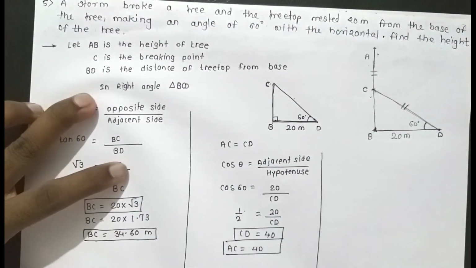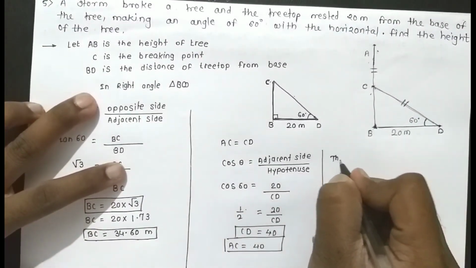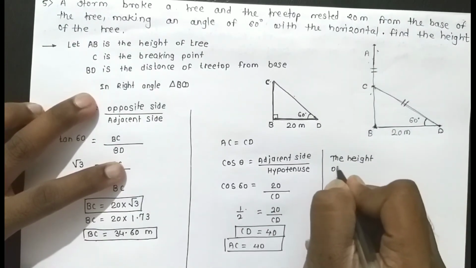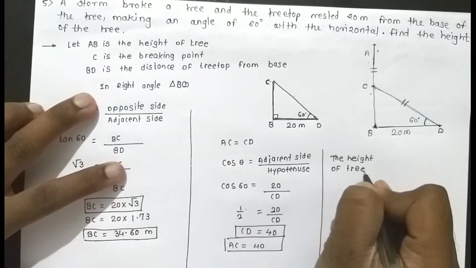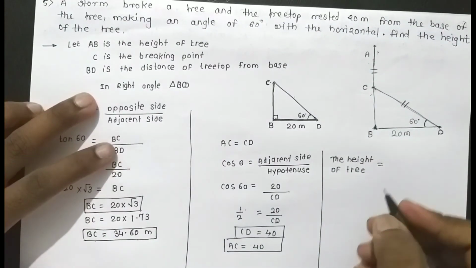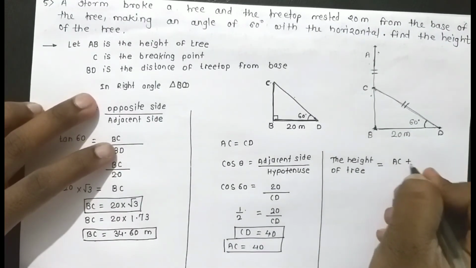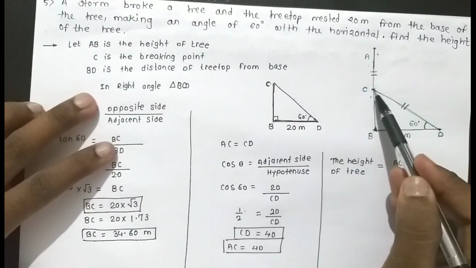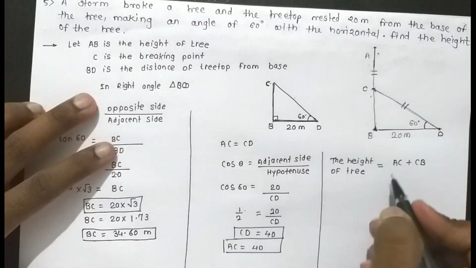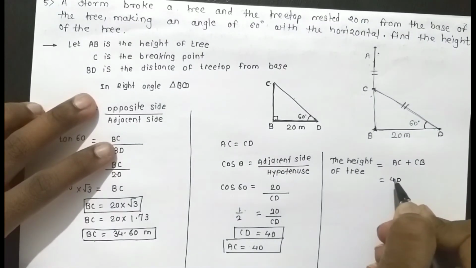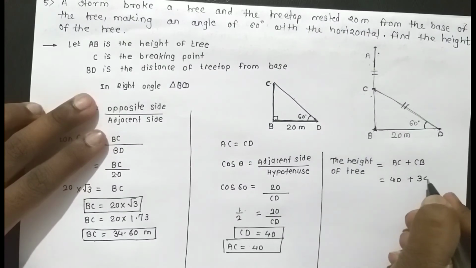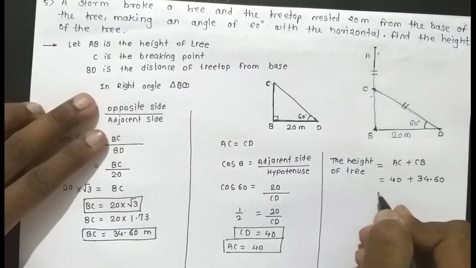Now the height of tree. The height of tree is equal to AC plus CB. Value for AC is 40 plus BC is 34.60.